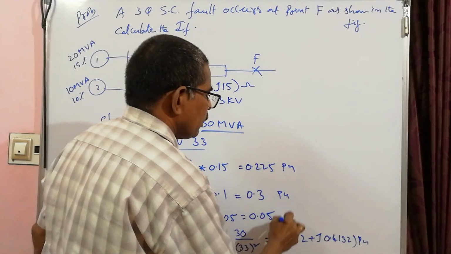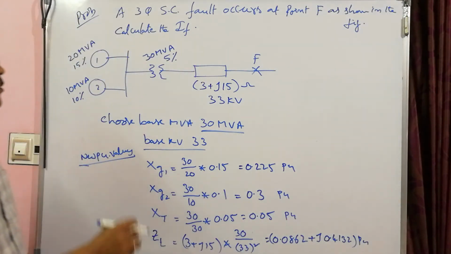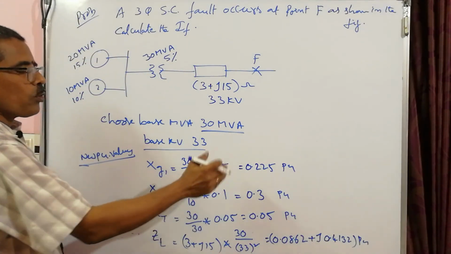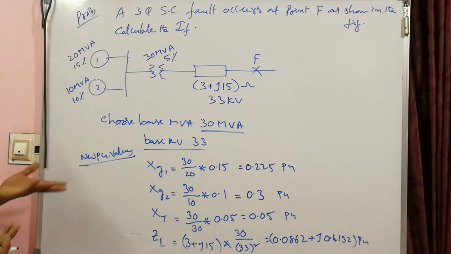Okay. So, 1, 2, 3, 4, 4 elements, 4 new per unit values. Now, as you know, you draw the equivalent with the obtained per unit values.